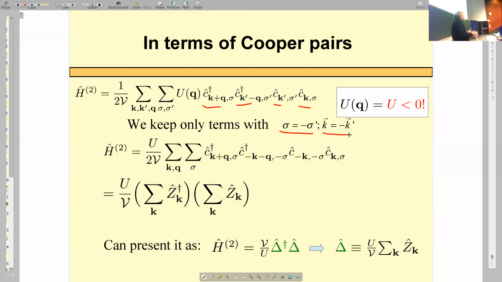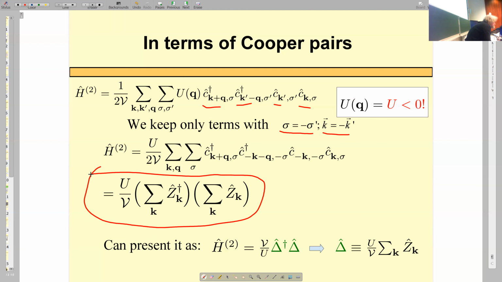Good. Why is it so good? What is the relation with Cooper pairs? If I concentrate on these terms, I'm able to express the interaction in terms of creation and annihilation operators of Cooper pairs. Fine, at least some use of this Cooper pair concept. Moreover, it becomes a double sum, as we did when we did an interaction for Cartry, for Fogg, remember?